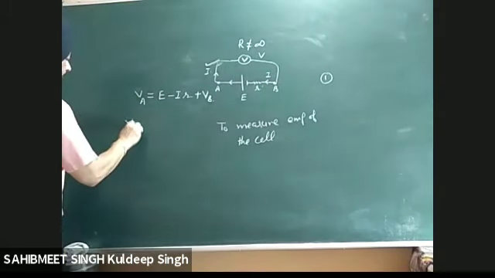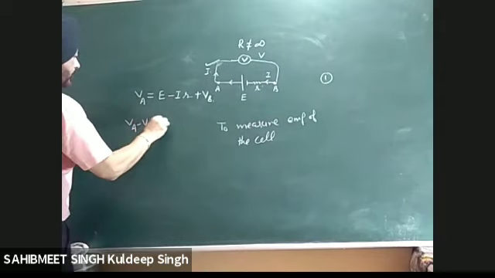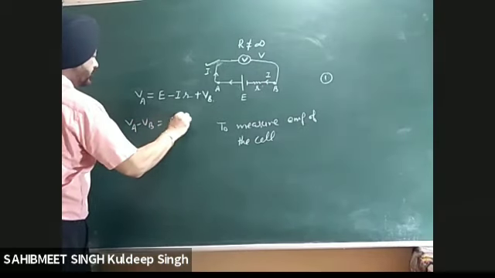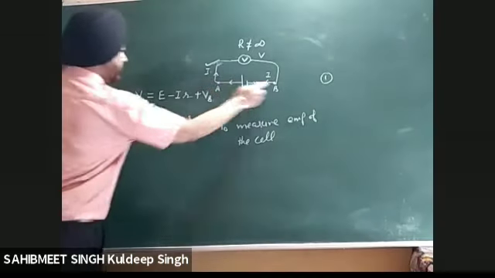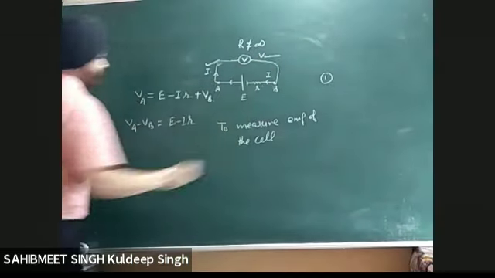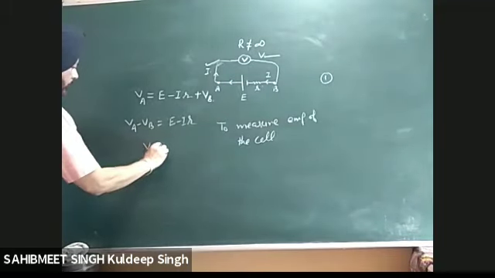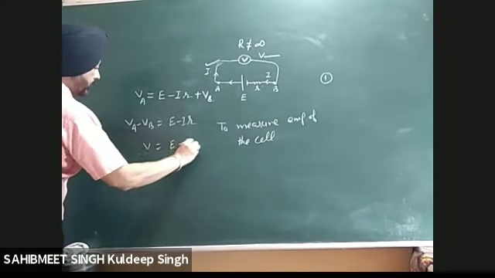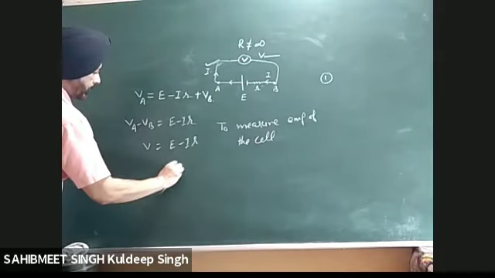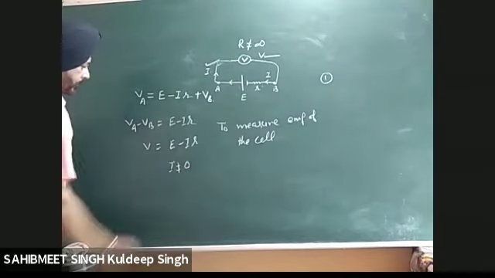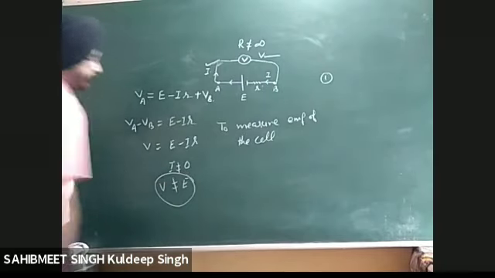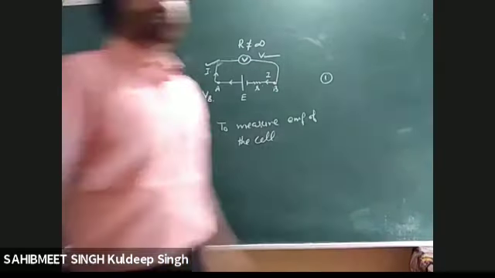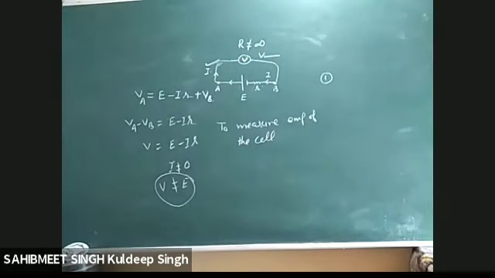Then VA minus VB equal to E minus IR. So this is the potential difference that the voltmeter is measuring. So V equal to E minus IR. Here I is not equal to 0. Therefore, V is not equal to the EMF. So the voltmeter will never measure the EMF because it will draw some current from the cell.